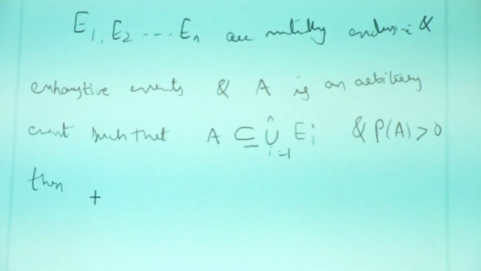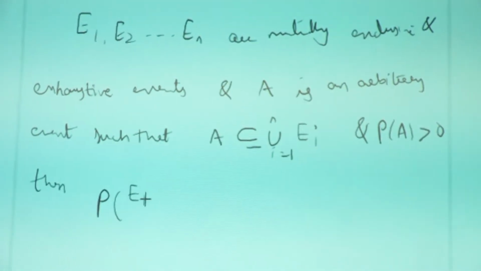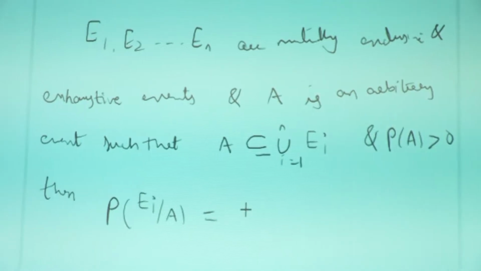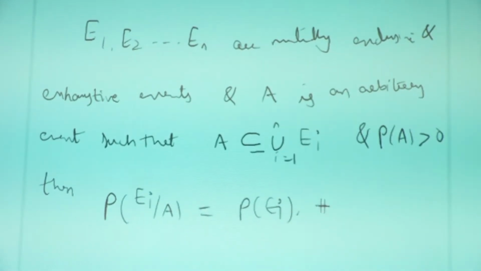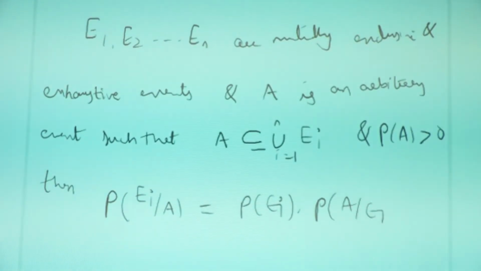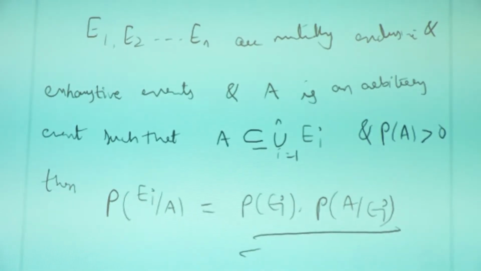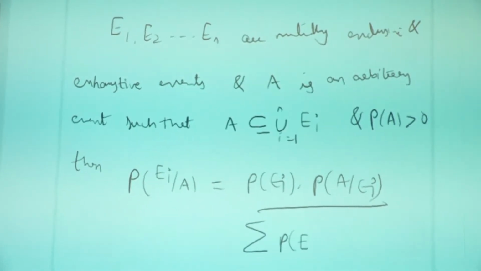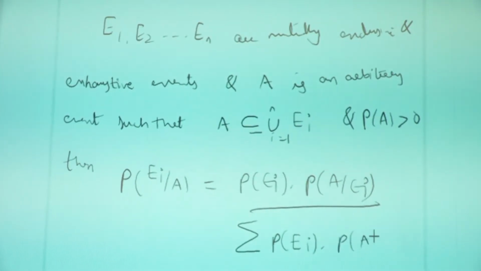Then the conditional probability P of EI by A is equal to P of EI into P of A by EI, divided by summation P of EI into P of A by EI.